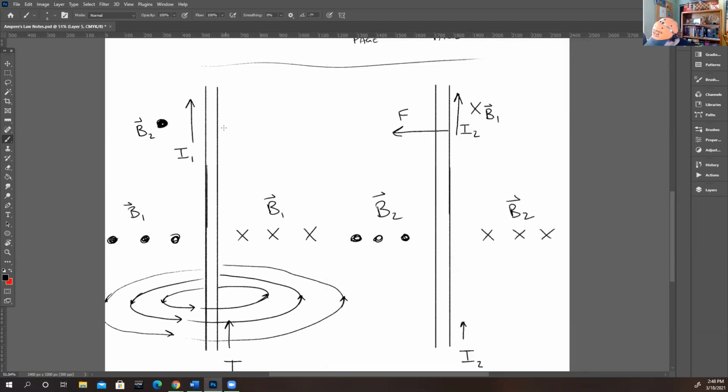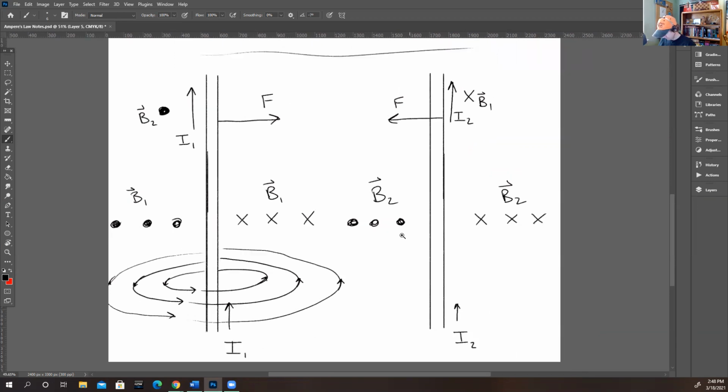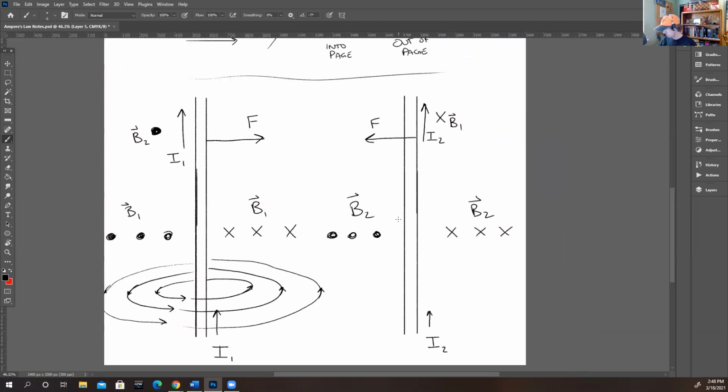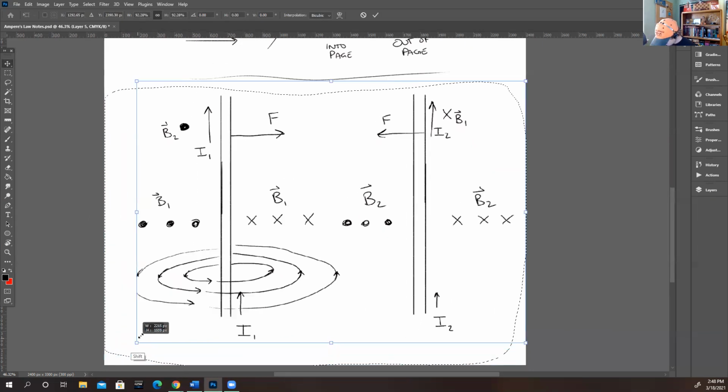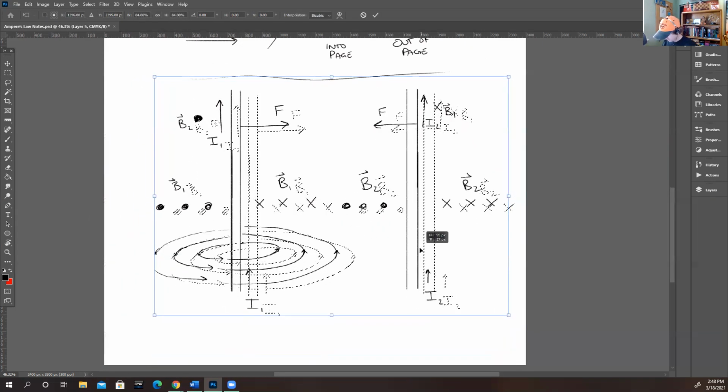That means that it's being forced to move to the right, like that. Okay. That is the most complex part of my notes. Done. If you have questions on that, let me know.